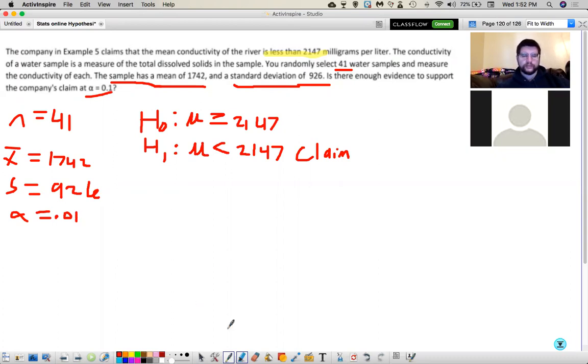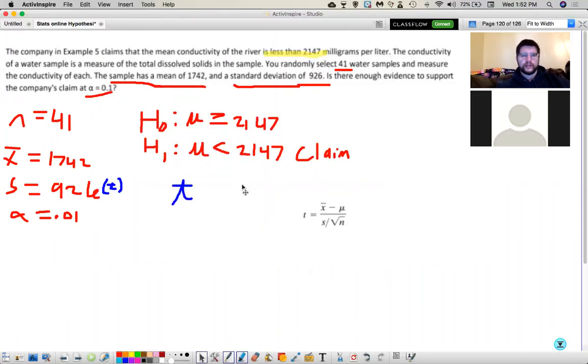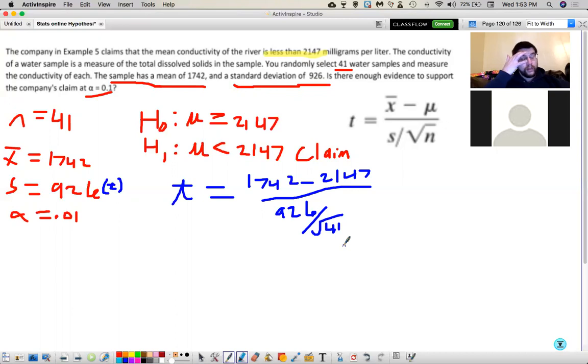Start with the test statistic. Again, we have a t-test because this is S. There's my test statistic right there, the formula for it: X bar minus mu over S over square root of N. And let's see what we got going on this one.